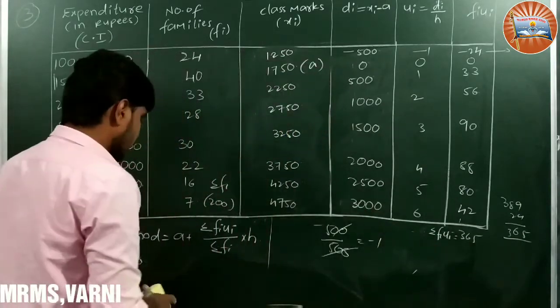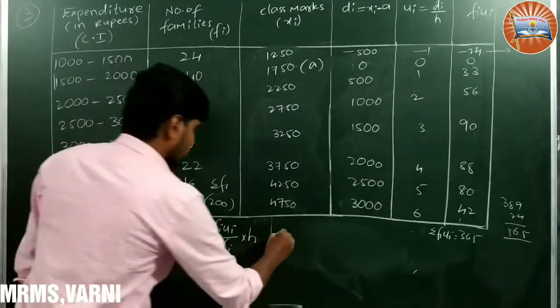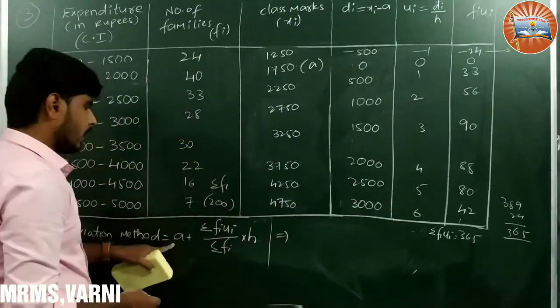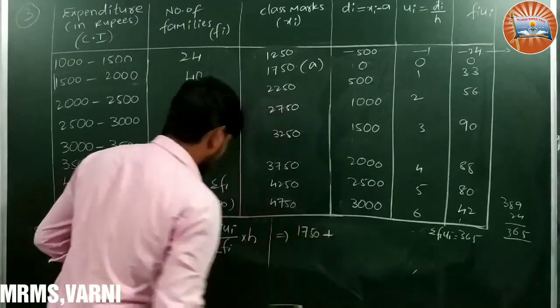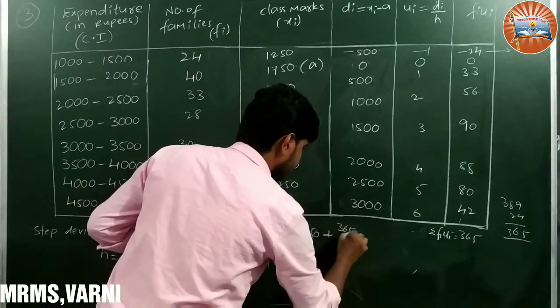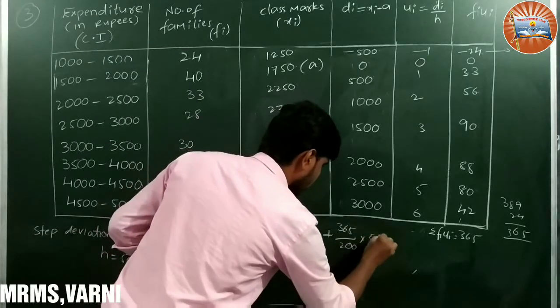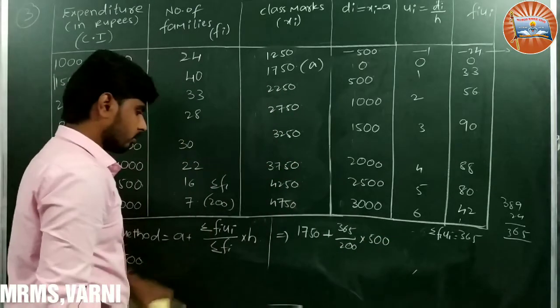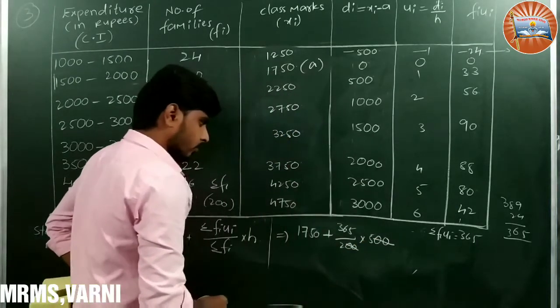Now substitute the values here. The mean is nothing but A, 1750, plus sigma fi ui 365 by sigma fi 200, into h 500. These two zeros cancel. These two zeros cancel.